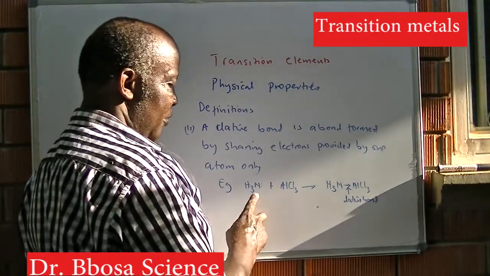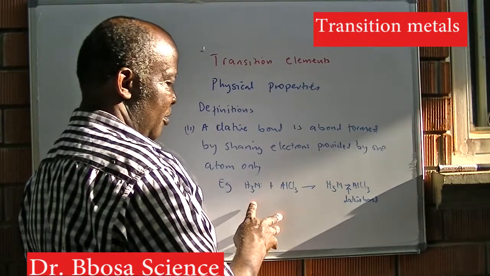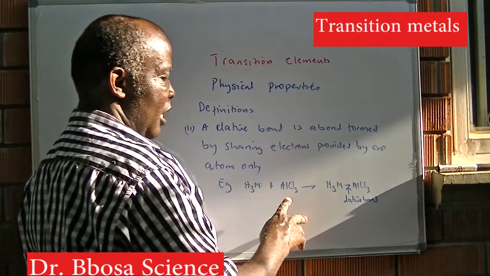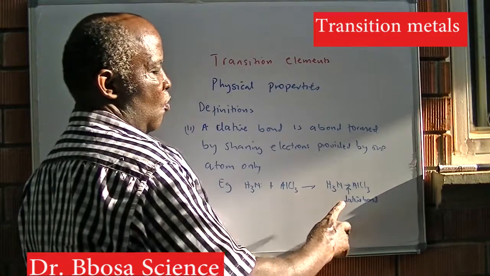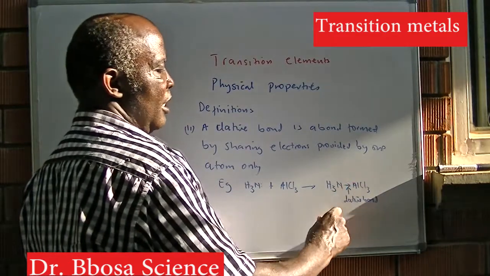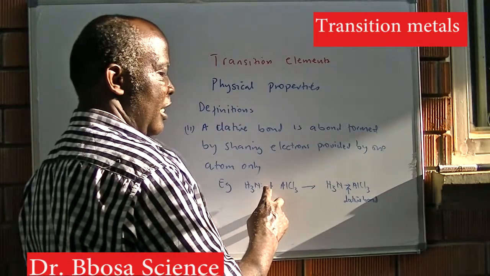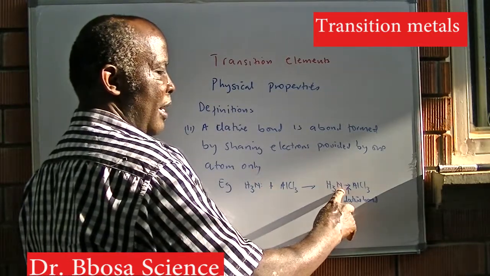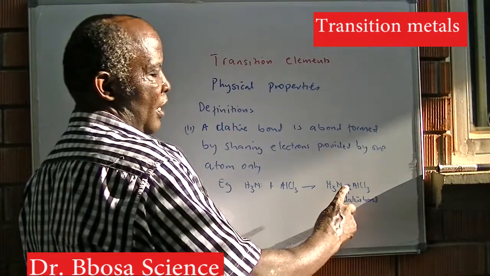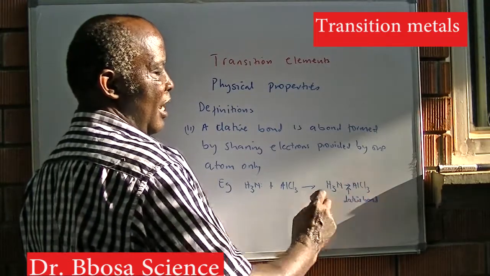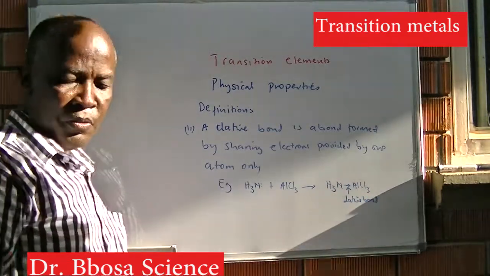For example, a bond formed between ammonia and aluminum chloride, which we call a dative bond, is a covalent bond where the 2 electrons shared are contributed by the nitrogen atom. Usually, a dative bond is indicated by an arrow.